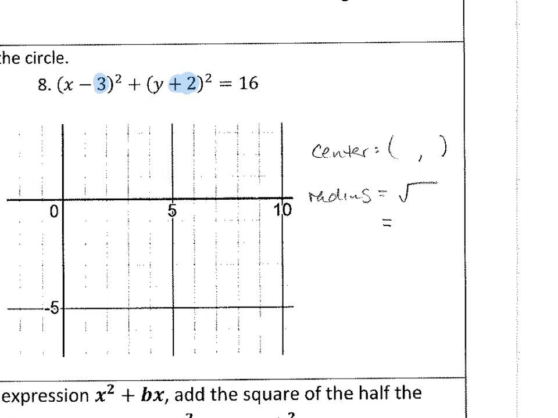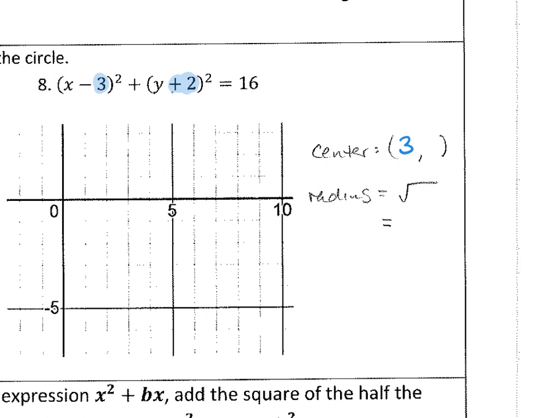What is the x coordinate of the center? What's the blue number next to the x value here, subtracted from the x value? 3. So my center has an x coordinate of 3. Wild guess, what's the y coordinate of the center? Thank you for saying 2.